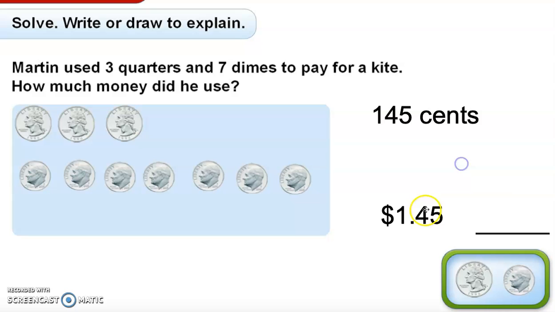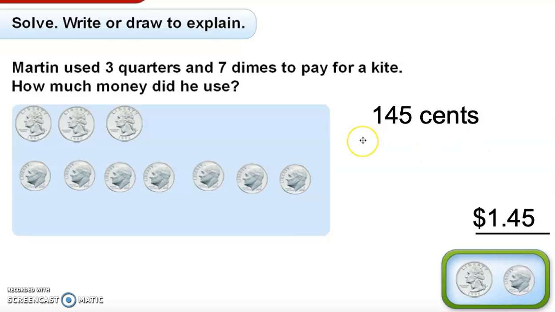So 145 cents is the same thing as saying $1.45. Remember, I took the $1 and put it onto the left side of the decimal point, and then the 45 cents goes on the right side of the decimal point. While this is correct, it is 145 cents, we usually never say 145 cents. We always say $1.45. But that is a good way to help you know the total value.